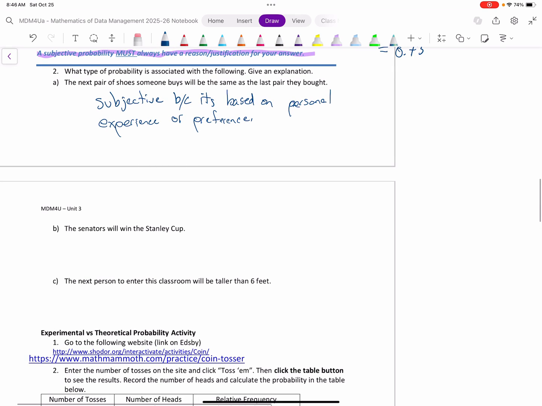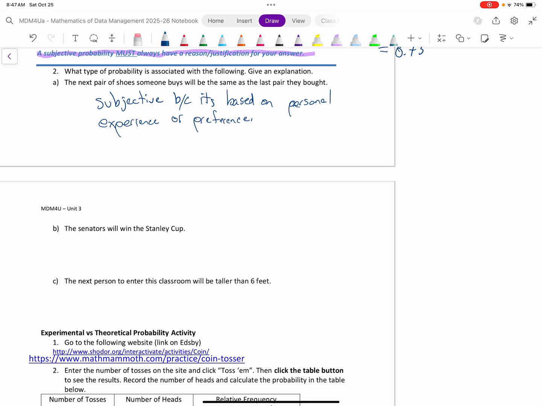The next one is what type of probability is this? Senators will win the Stanley Cup. Technically, if you were to go to different websites that give you the odds of something happening, they're likely not to be the same. Even though they all have access to the same information, the same data, you're probably not going to find exactly the same numbers in terms of the likelihood of this happening.